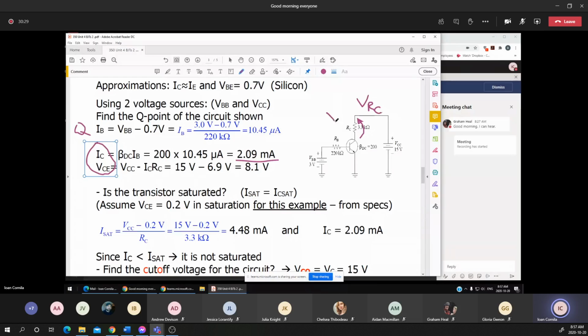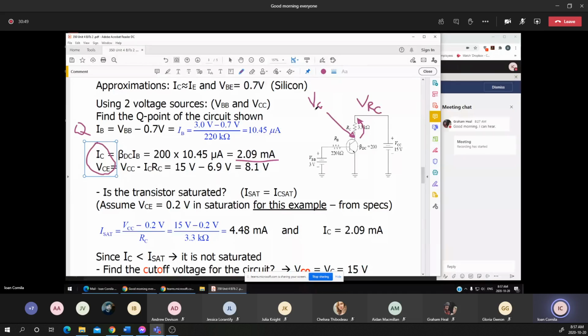Again, pay attention to those details. VRC is the voltage drop across the resistance connected to the collector of the transistor, and the VC is the potential, or voltage, at the collector with respect to ground.